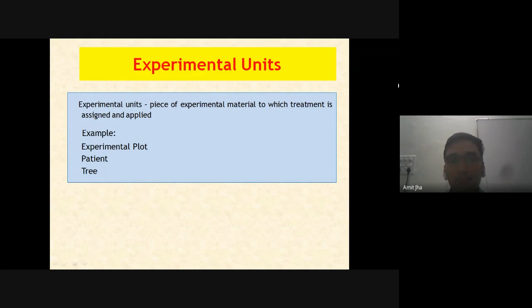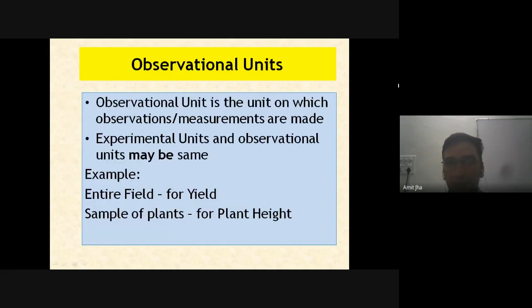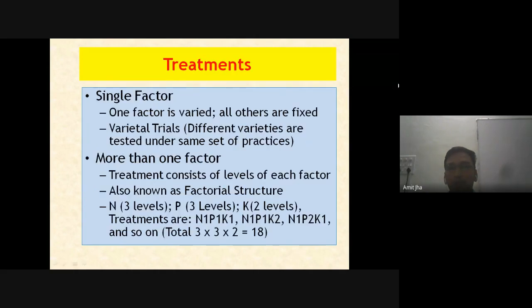Examples are an experimental plot, patients, a tree. An observational unit is the unit on which observations or measurements are made. I told you earlier that experimental units and observational units may be the same for us, like the entire field for yield, or a sample of plants for plant heights.